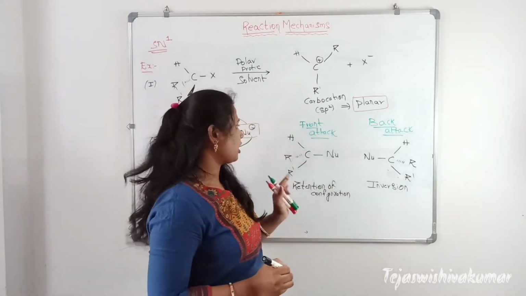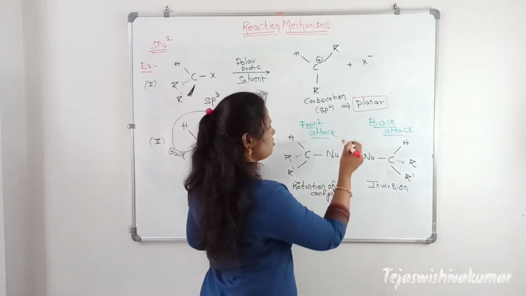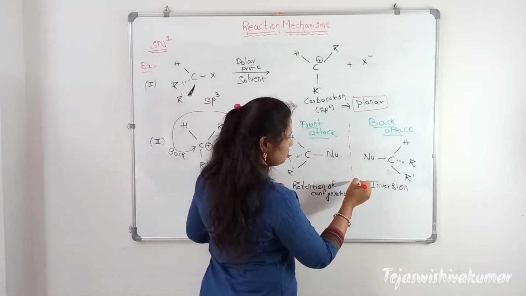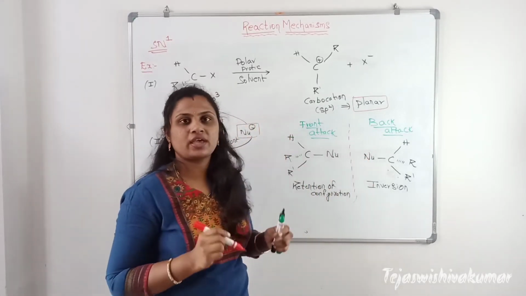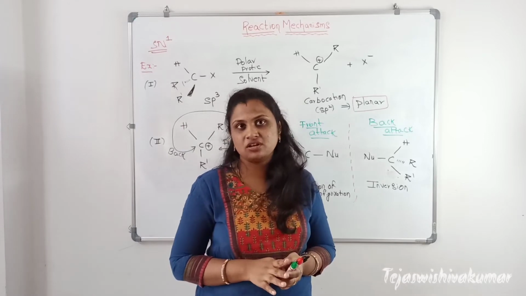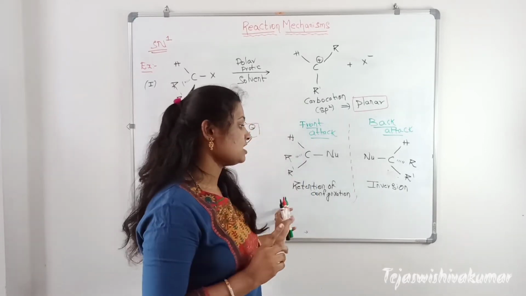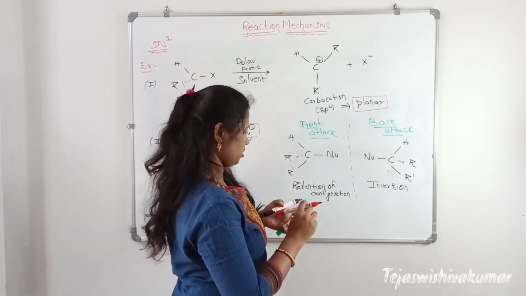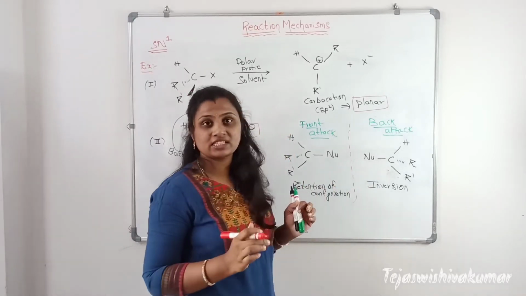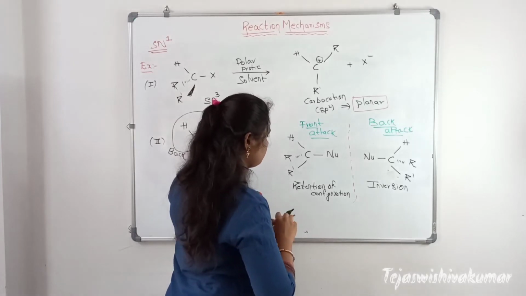If you carefully observe, these two are mirror images of one another. So can I say that the SN1 reaction, nucleophilic substitution reaction 1, produces racemization products, that it undergoes racemization?